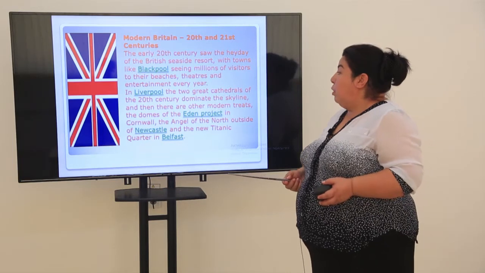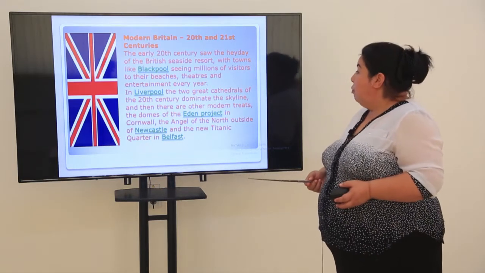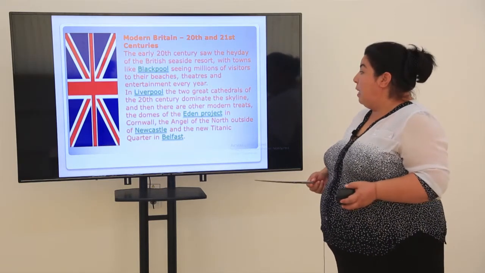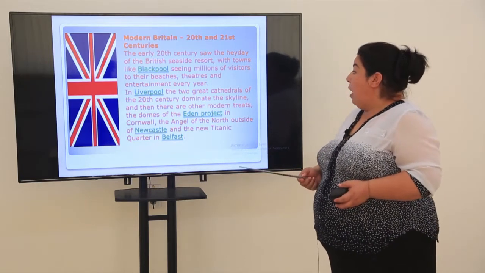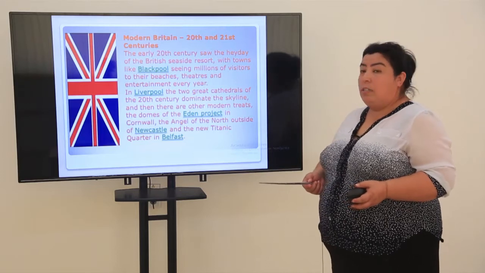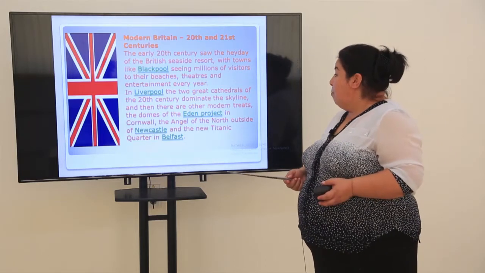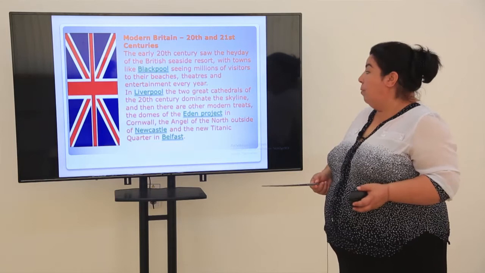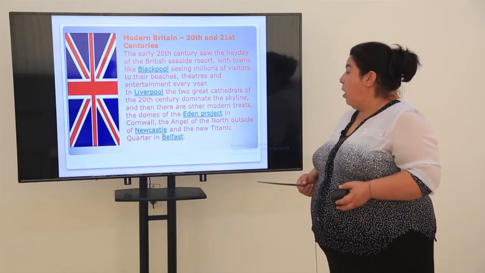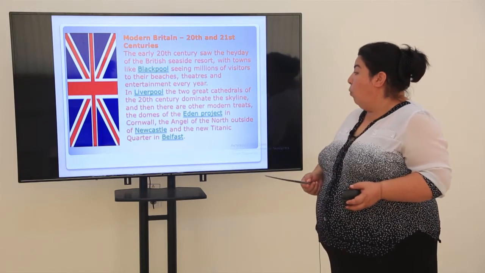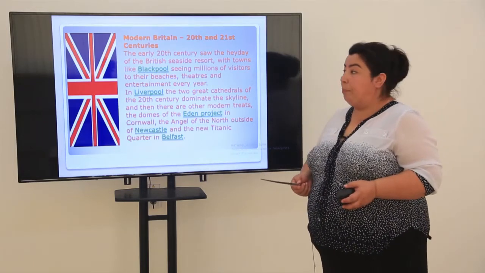In Liverpool, the two great cathedrals of the 20th century dominate the skyline, and then there are other modern treats: the domes of the Eden Project in Cornwall, the Angel of the North outside of Newcastle, and the new Titanic Quarter in Belfast.